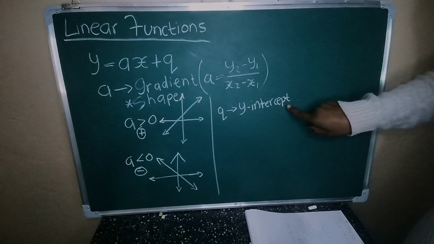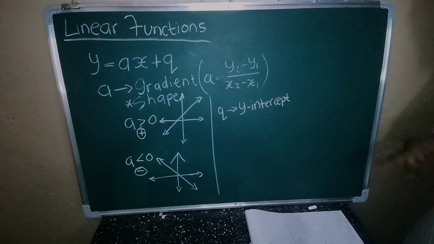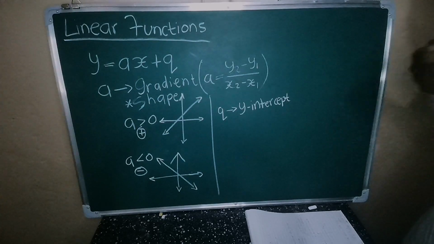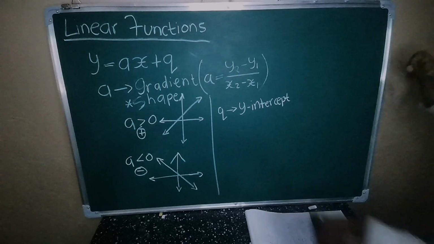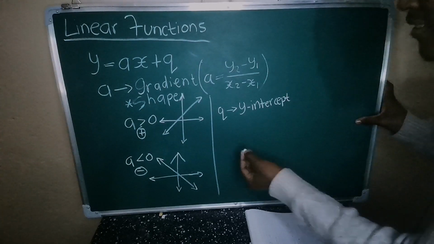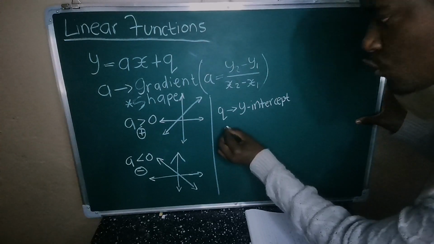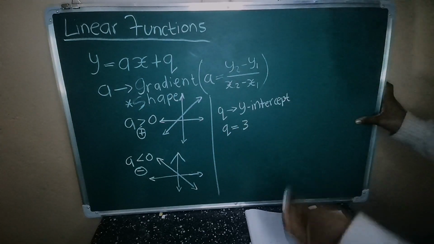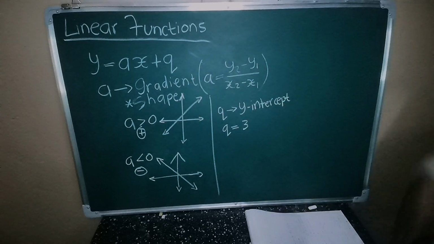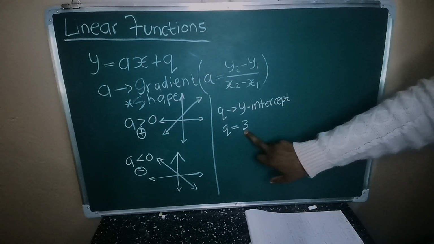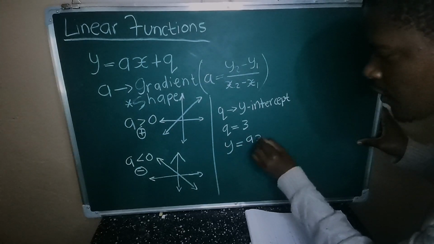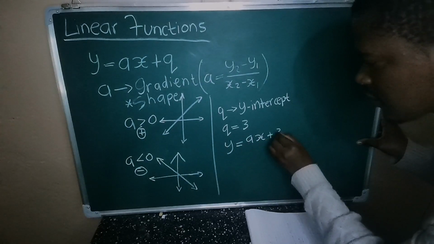Which means the y-intercept is a point on a graph, a y-coordinate that touches the y-axis. Now, if you draw the graph here, let's say the value of q is equal to 3. I need to draw the graph of this function, a straight line: y equals ax plus 3.